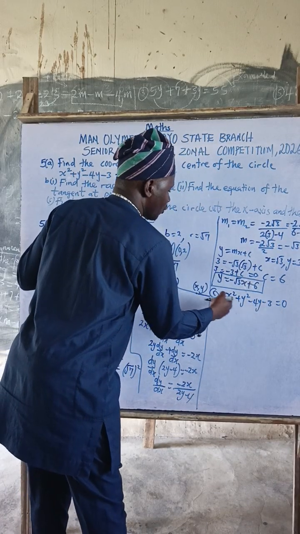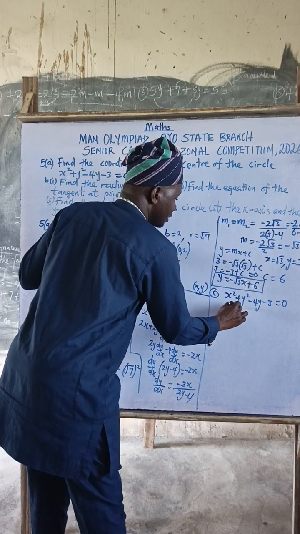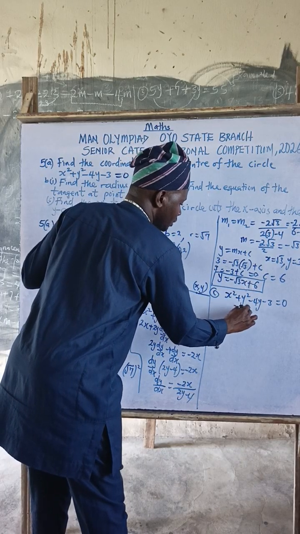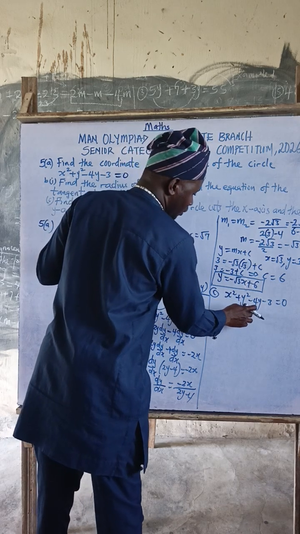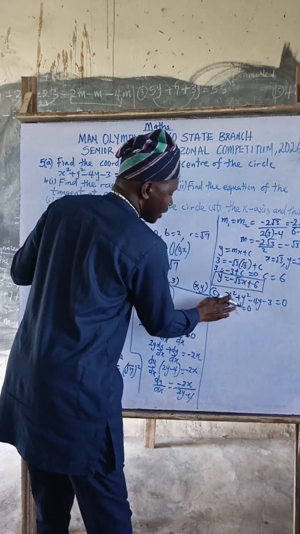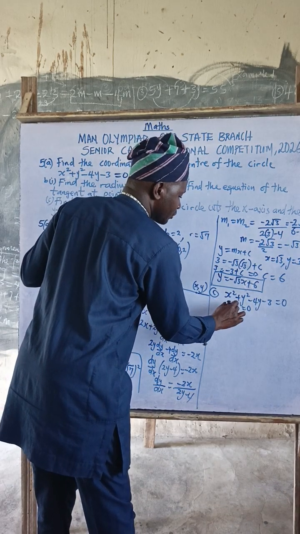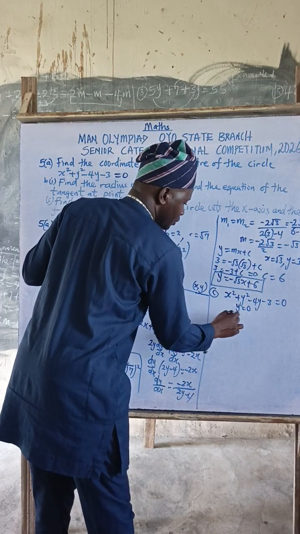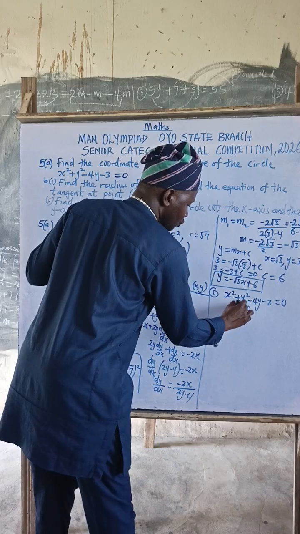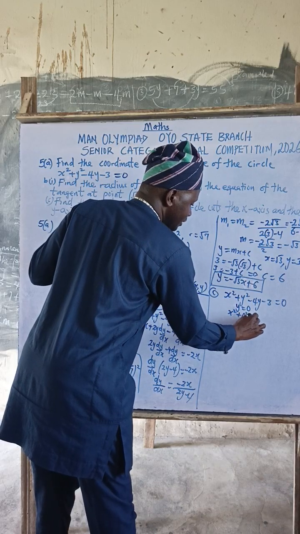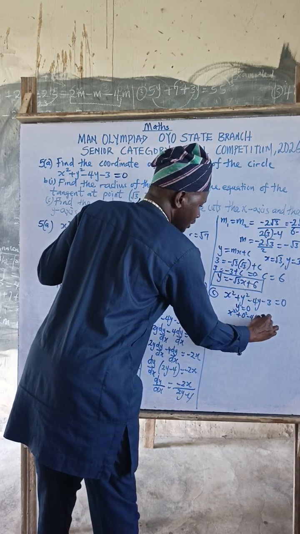The circle will cut the x-axis at y equal to 0. When y equals 0, substitute, you have x squared plus 0 squared minus 4 times 0 minus 3 equals 0.